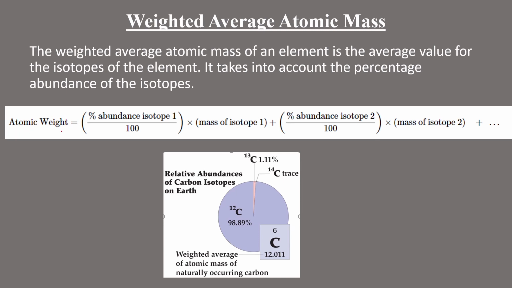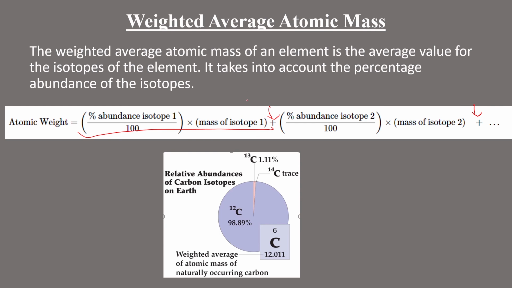Atomic weight, or weighted average atomic mass, equals the percent abundance of isotope 1 divided by 100 to get rid of the percent sign, multiplied by the mass of isotope 1, plus the percent abundance of isotope 2 divided by 100, multiplied by the mass of isotope 2, and then plus another term if there is another isotope of that element. So we do this step for all the isotopes, and then at the end we add the results.